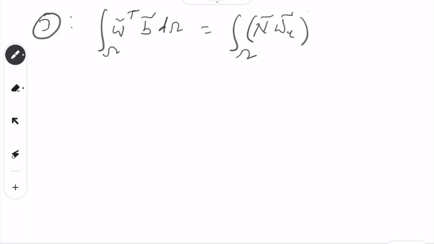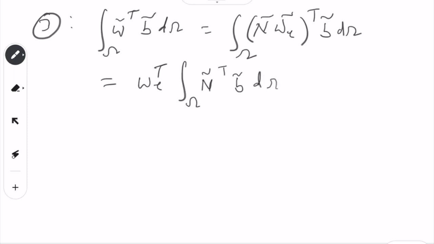This is transpose B d omega, which is equal to, we can have W e transpose, integral over omega N tilde transpose, right, multiplied by B d omega, like this one.